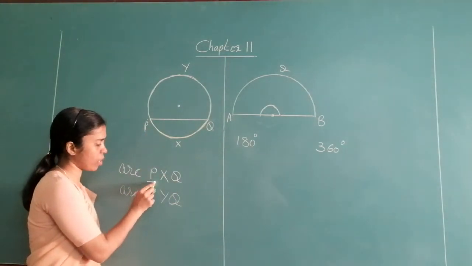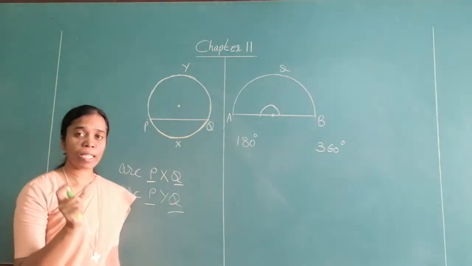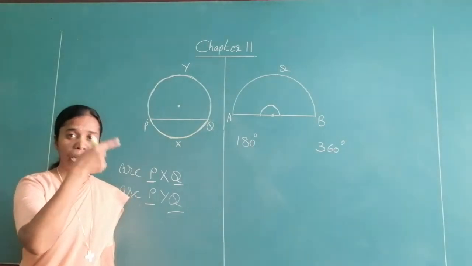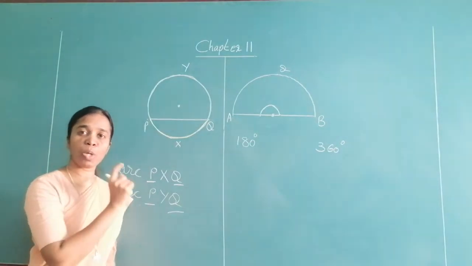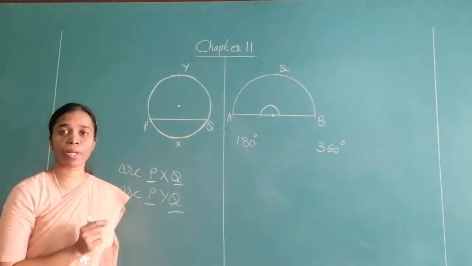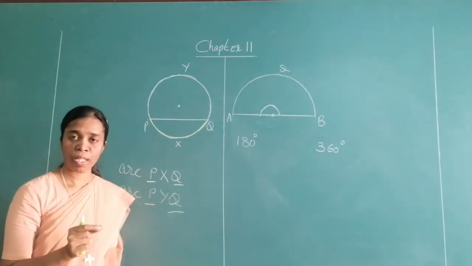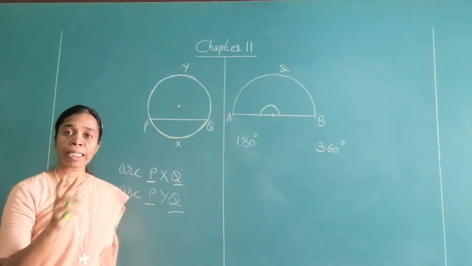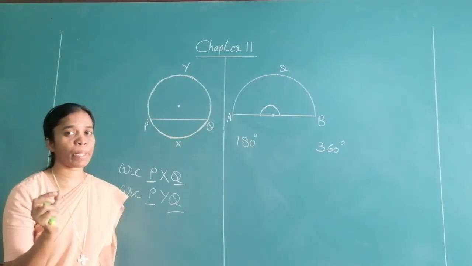You look at the end points PQ, PQ. If the end points are the same and they give us a complete circle, then these two arcs are called corresponding arcs. So corresponding arcs are those which have the same end points and will give us a complete circle.